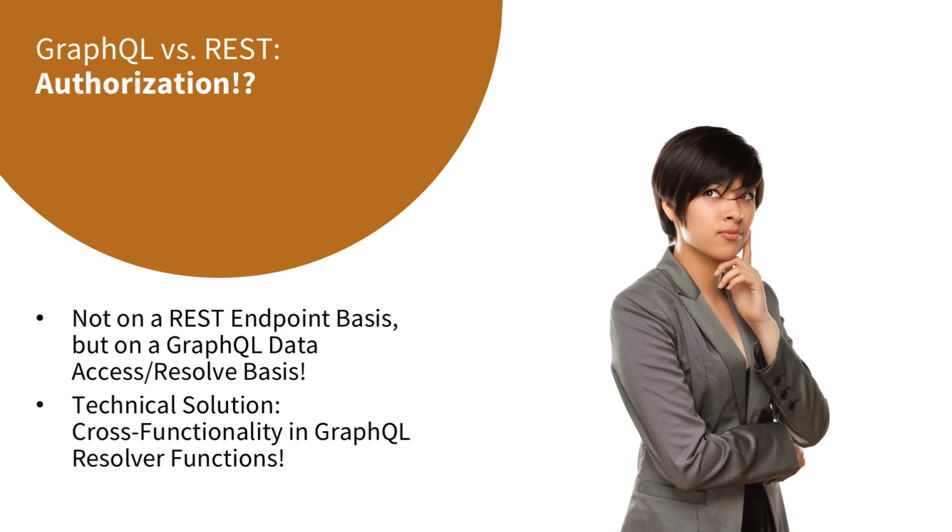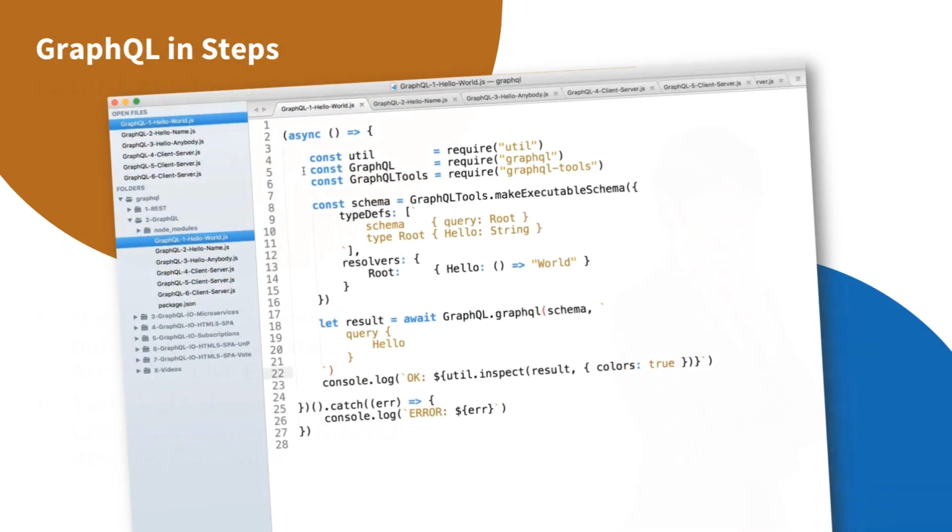If a piece of data is involved in a query result, it is checked whether the client gets this information. If it is not allowed to request this information, a null is automatically placed by the GraphQL engine into the JSON result.